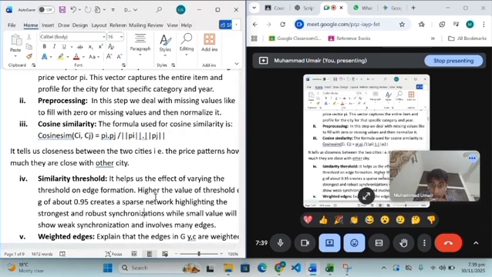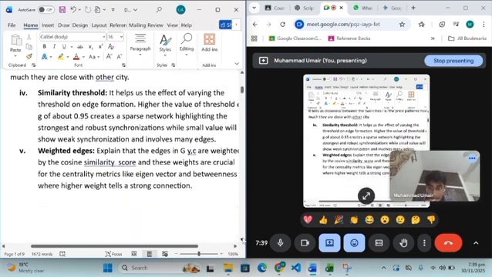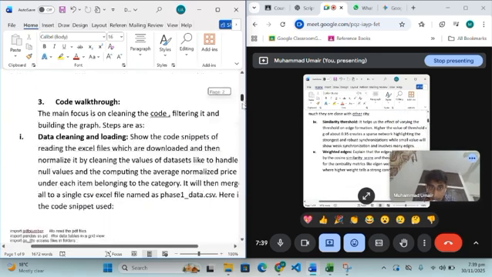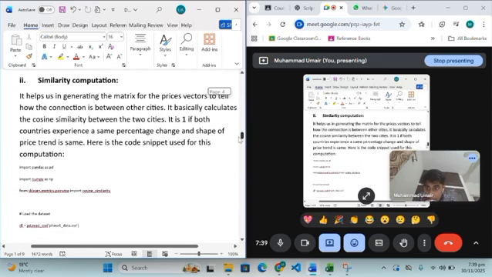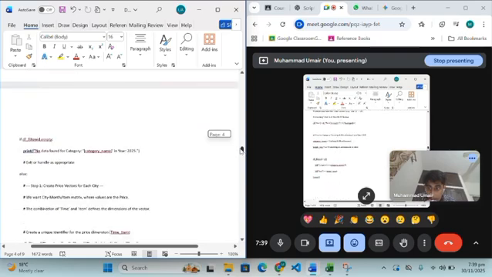A higher threshold value creates a sparse network, which means only the strongest connections between cities remain. Here is the code for the similarity computation.